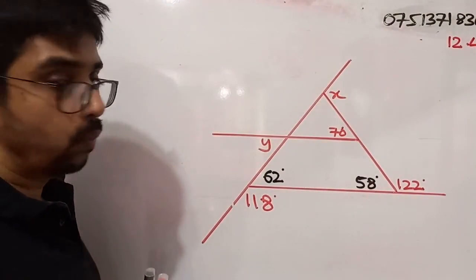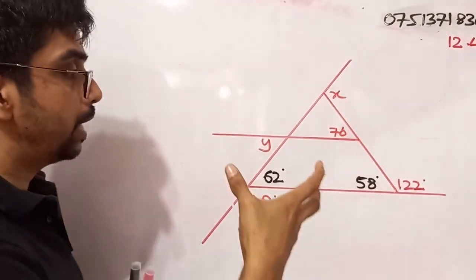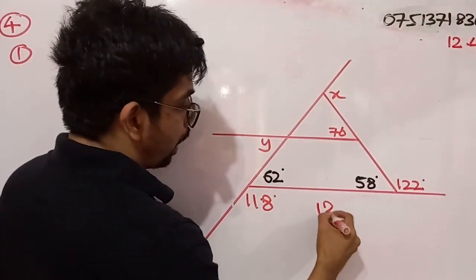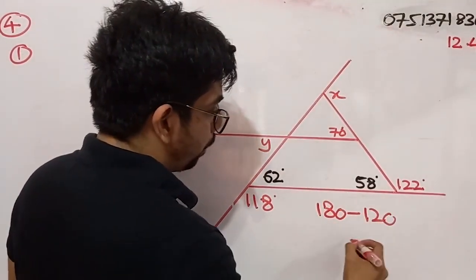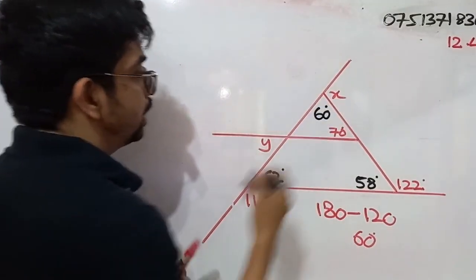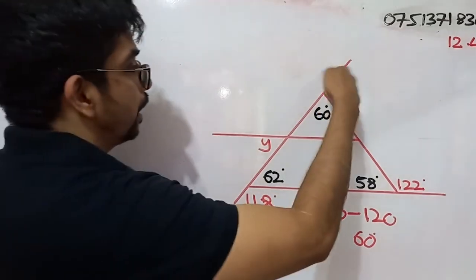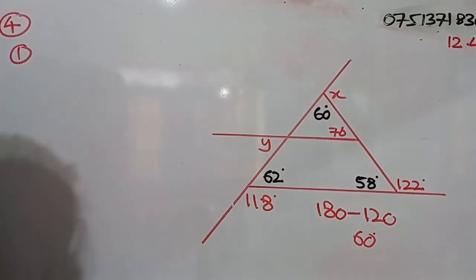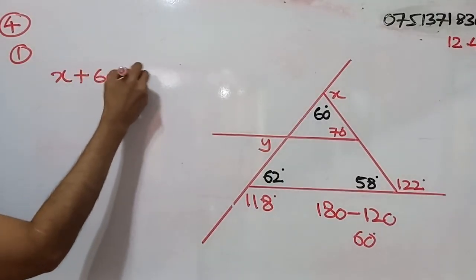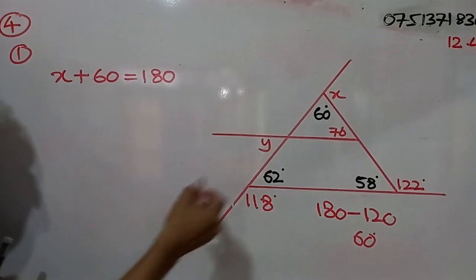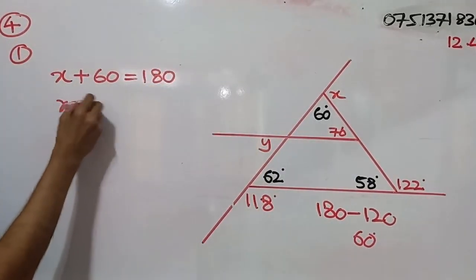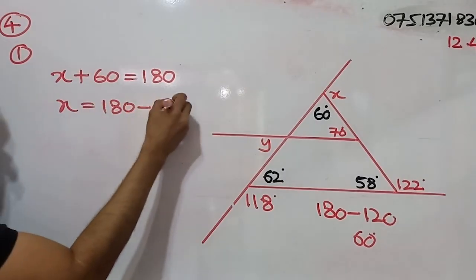If we subtract 120 from 180, we get the value of this angle. 180 minus 120 is 60 degrees. Then clearly the value of X is 120. X plus 60 equals 180, because this is a straight line. We have to write down the reason. So X is equal to 180 minus 60.